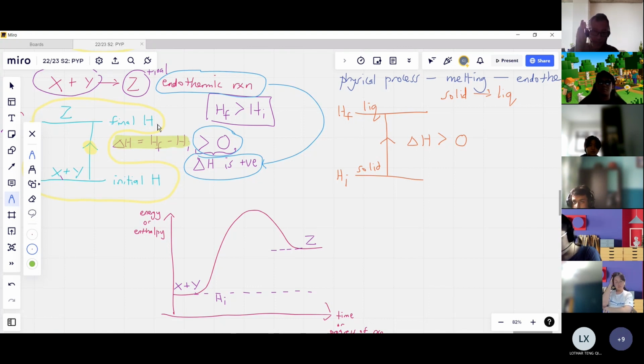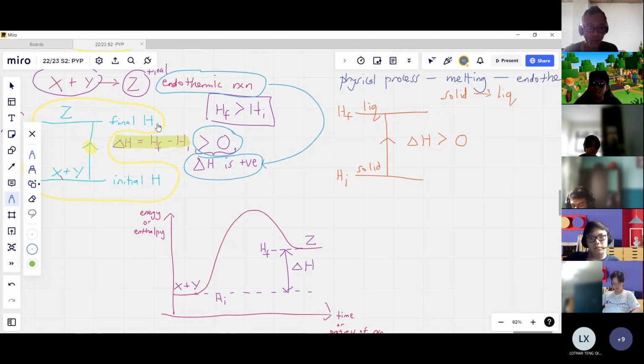Z is at the end. Remember, Z is the product. So this is my final enthalpy. And of course, what is this height difference here? Yeah, the height difference is between initial and final enthalpy, between HF and HI. So that is the enthalpy change.